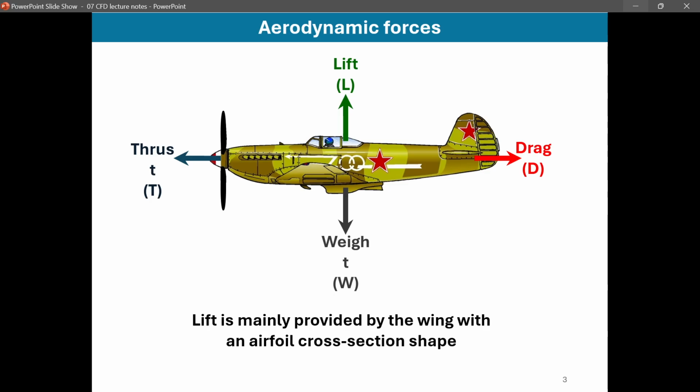Of course, if you are using a glider, you don't really have a thrust force, but whenever you have an engine, whenever you have a power source that is pushing you forward, essentially, you have the thrust force. And weight force, that is because of the mass of your system. But the two aerodynamic forces that we are concerned with are lift and drag.